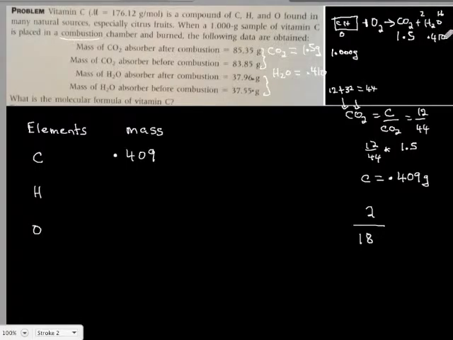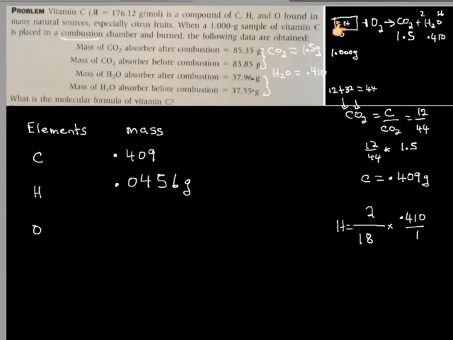So 2/18 of 0.410 is the mass of the hydrogen. 2/18 of 0.410 is 0.0456 grams.